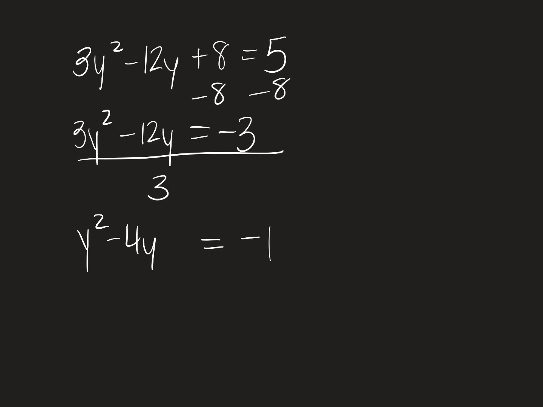All right, let's go over it. Okay, so what are we adding to both sides? -4 over 2 squared.